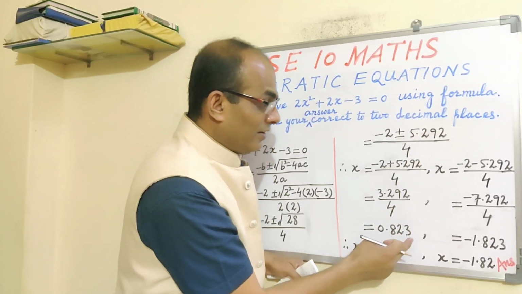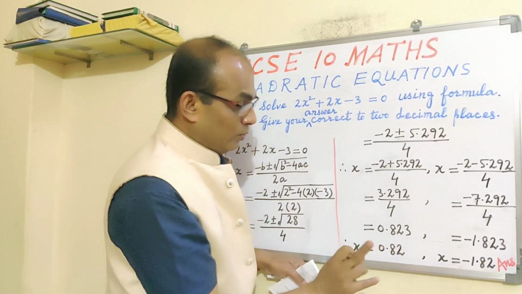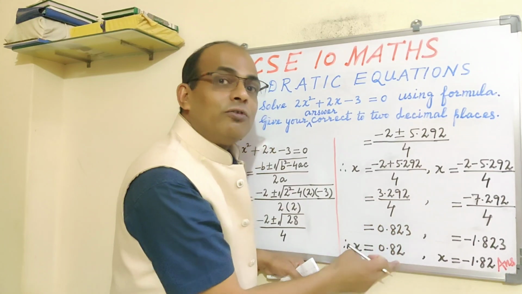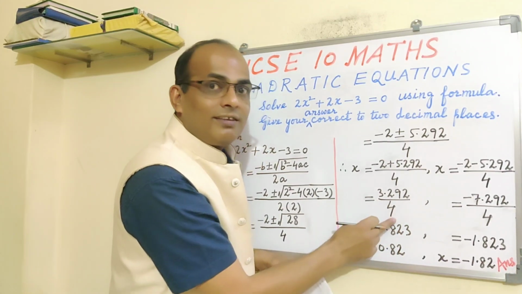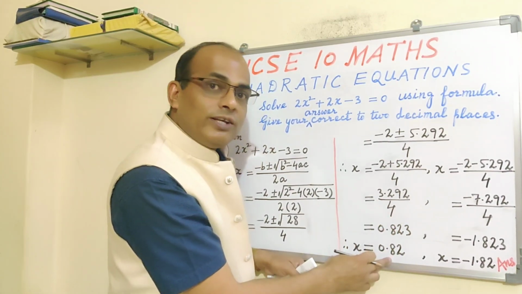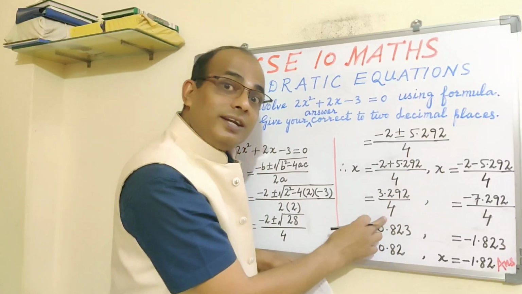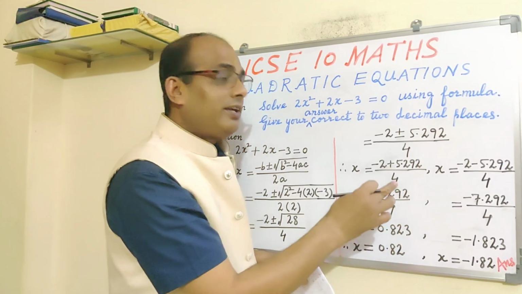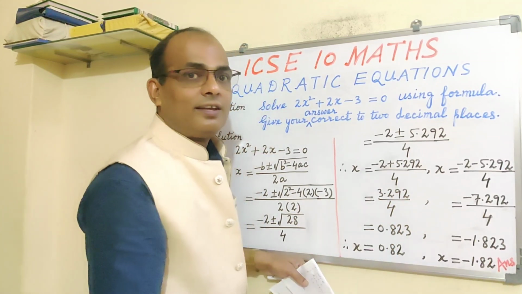Please do write down here up to 3, because you want the answer up to 2 decimal places. So here it should be up to 3, one more than this. If this is up to 2 decimal places, then here please write down up to 3 decimal places. Even if it is 3, even if it is 1, please do write down up to 3 decimal places.